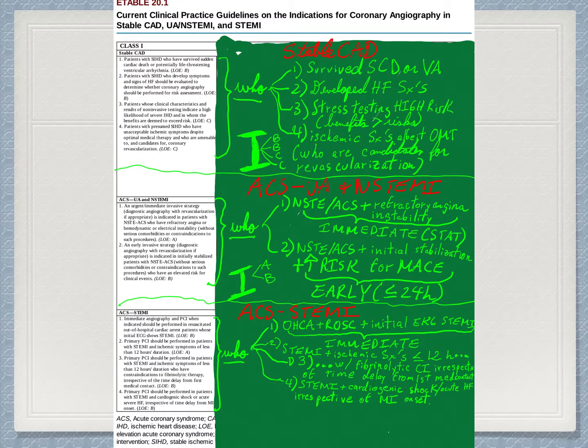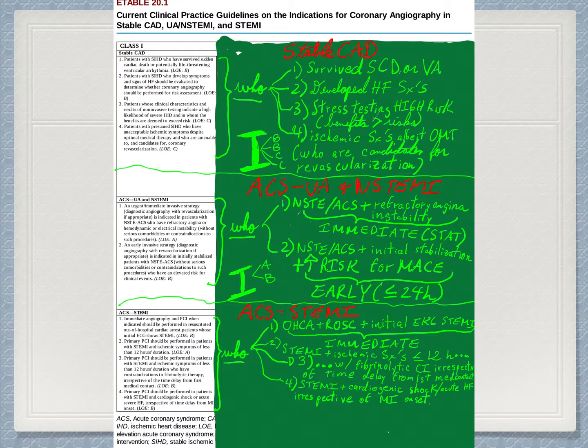Number 2, if the patient has the substrate and now also develops heart failure symptoms. Number 3, if in stress testing there are high-risk features, and of course if you think taking the patient to coronary angiography has more benefits than risks. And number 4, if ischemic symptoms persist despite optimal medical therapy.